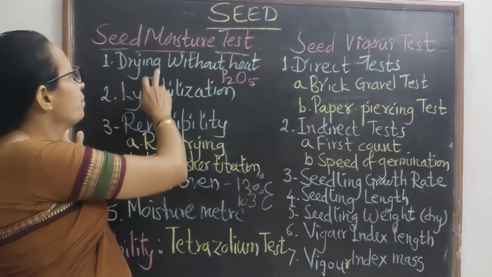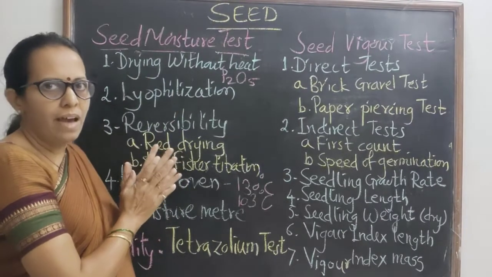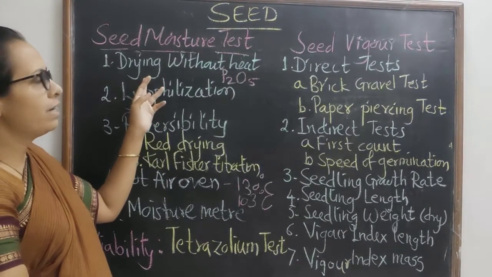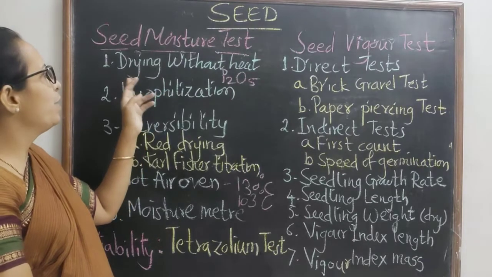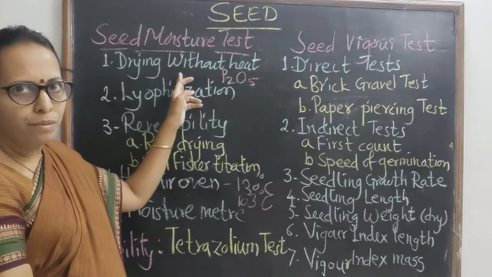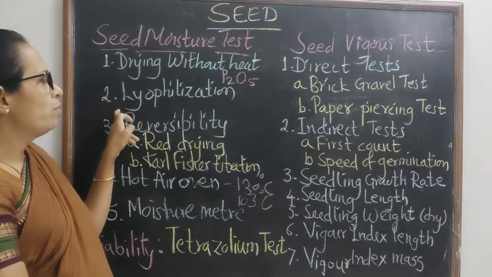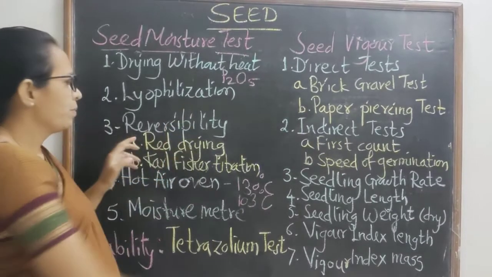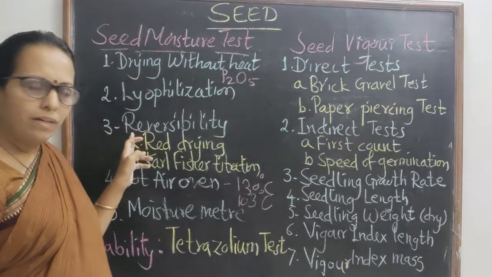Here, different tests are carried out at the laboratory level, which are broadly categorized into the drying without heat method, or what we call the lyophilization method, or reversibility methods.